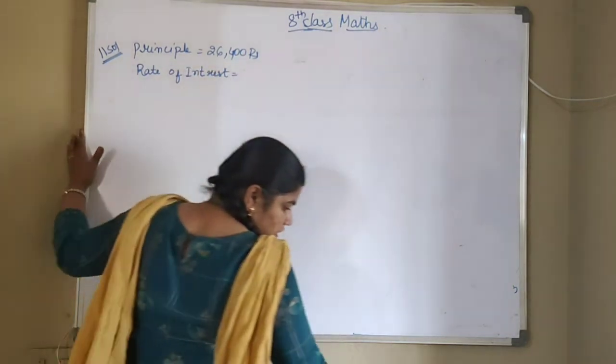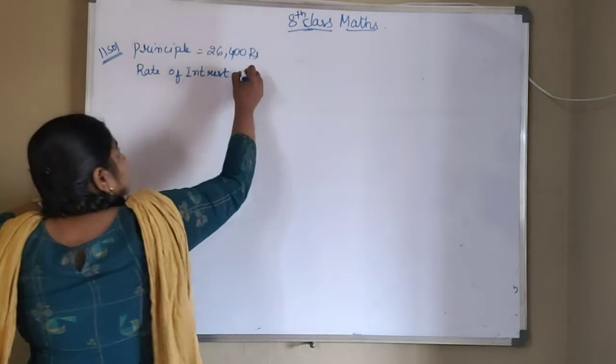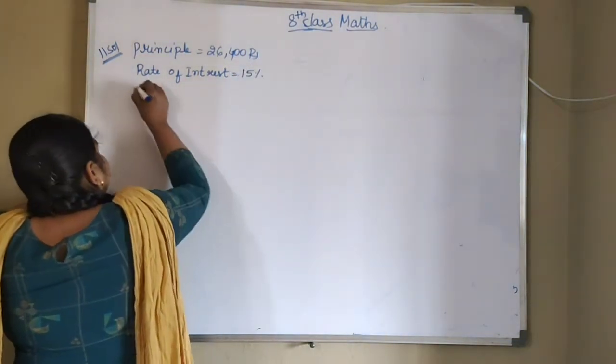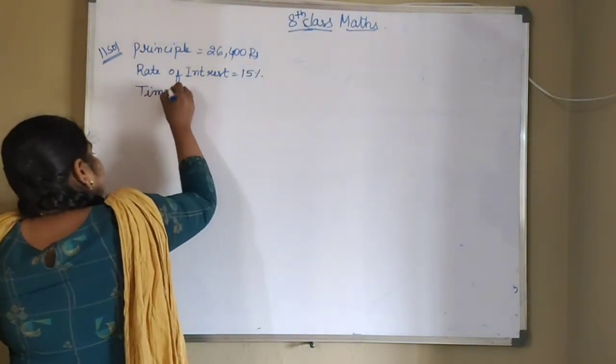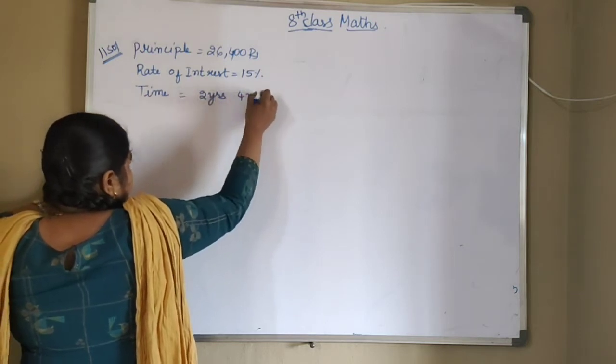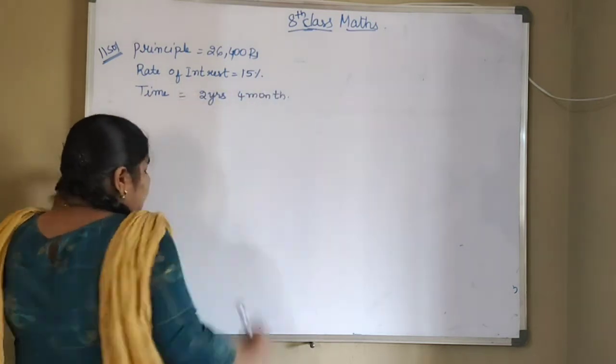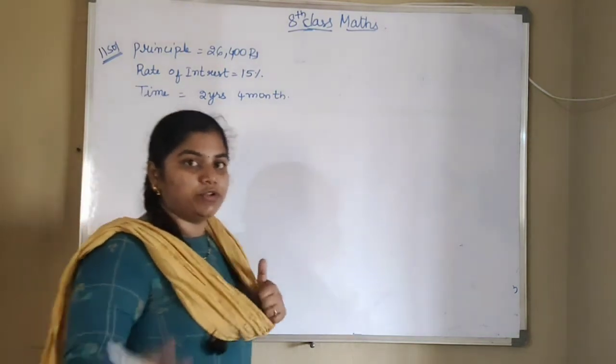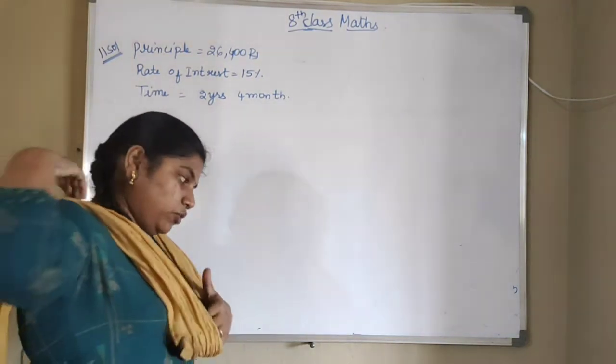Rate of interest is 15%. And what is the time? 2 years 4 months. Okay, so first we will find for 2 years, then we will find for 4 months.